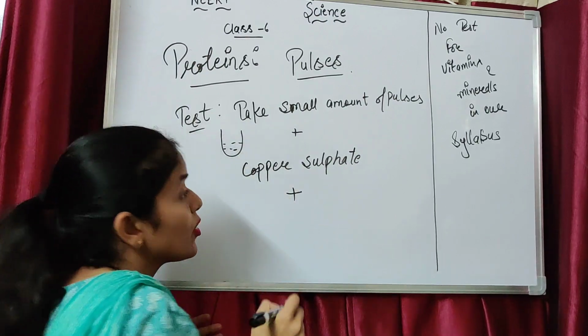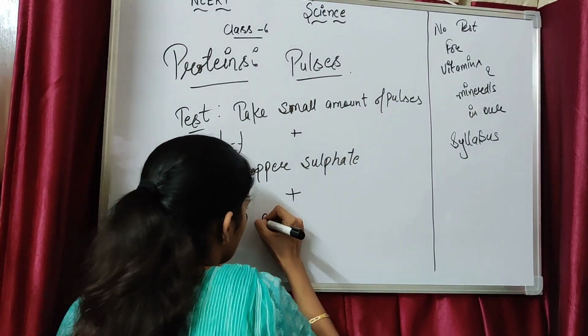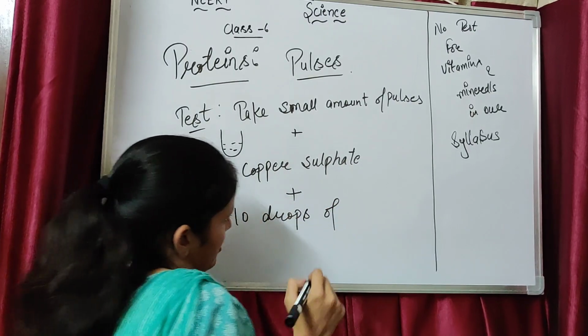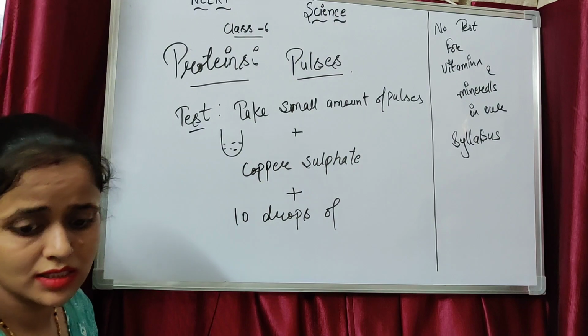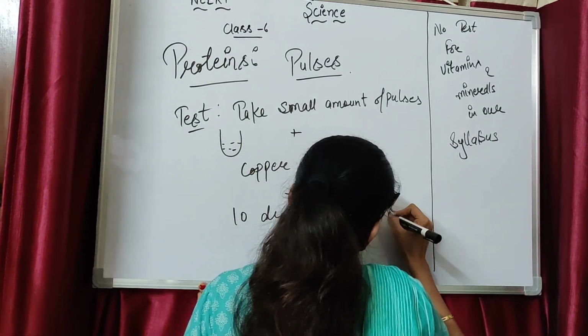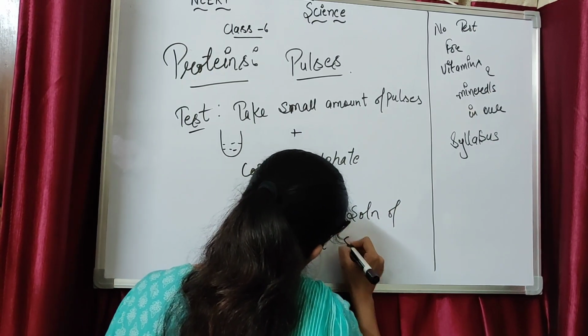Plus one more thing. Add some copper sulfate plus 10 drops of what? Anyone guess? 10 drops of solution of caustic soda.